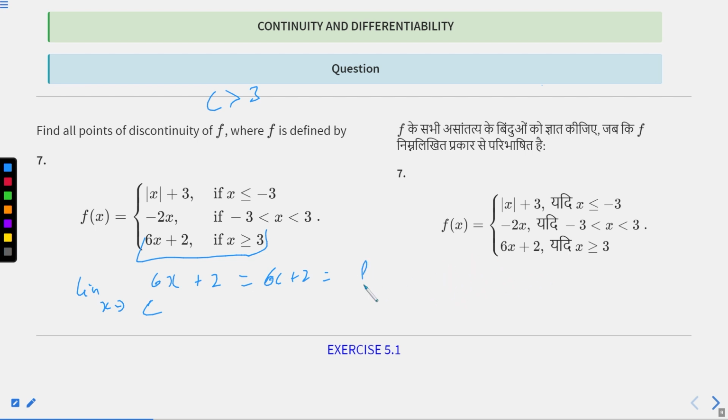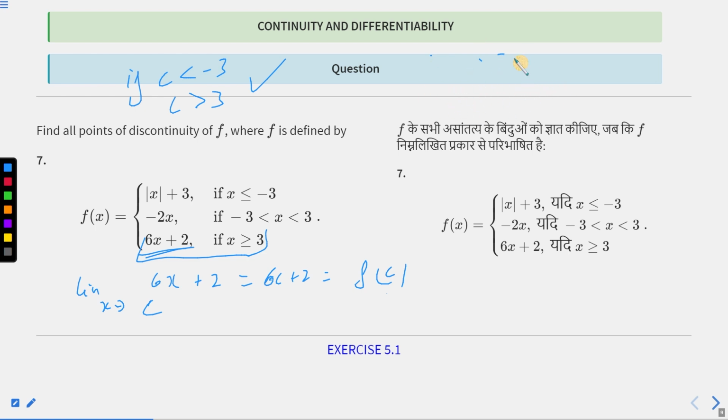So if c is greater than 3, your f of c will be 6 multiplied by c plus 2, which is 6c plus 2. So it is continuous there. We have shown that if c is less than minus 3 or greater than 3, it is continuous. Okay, so far so good.